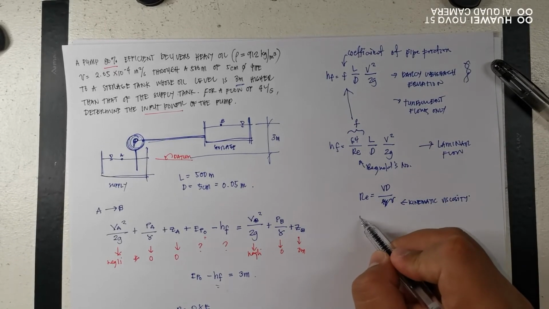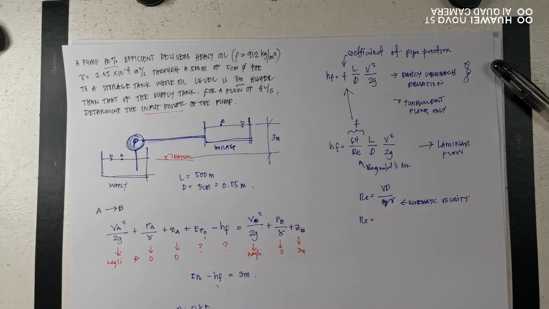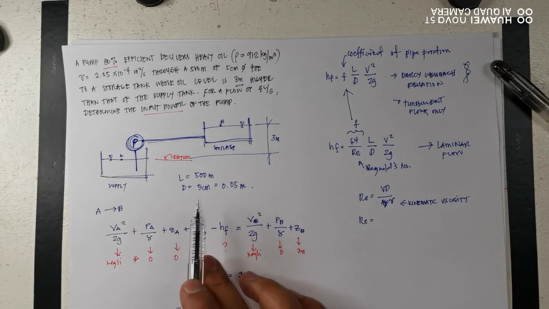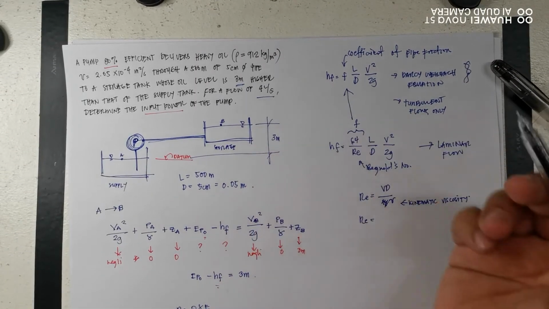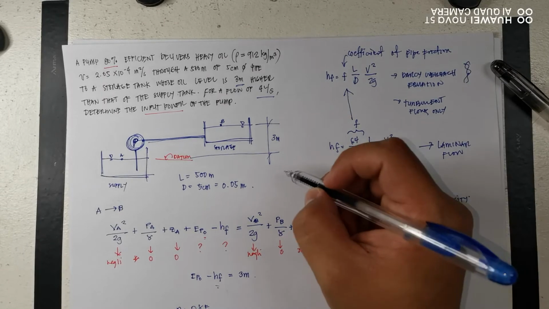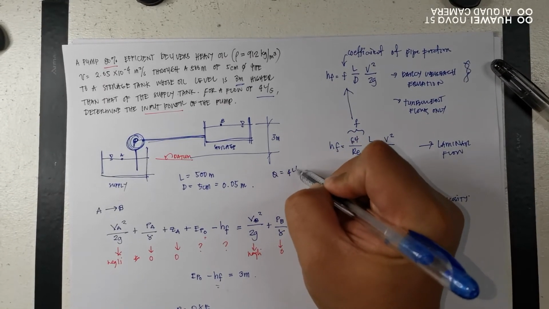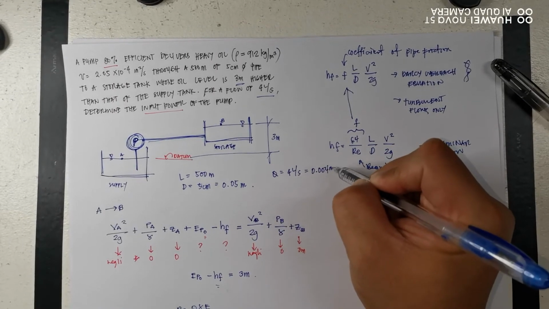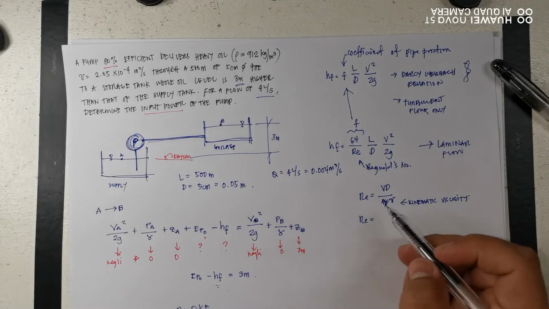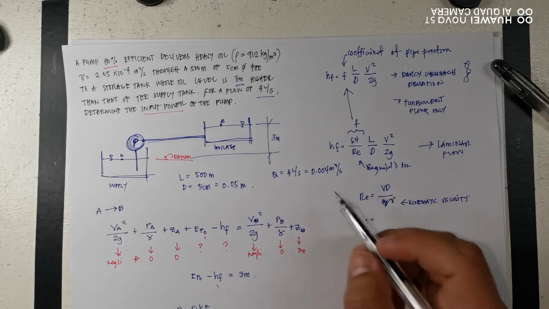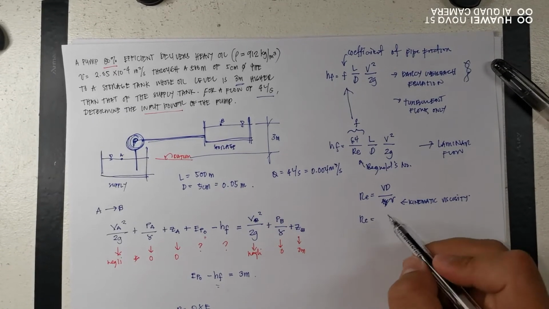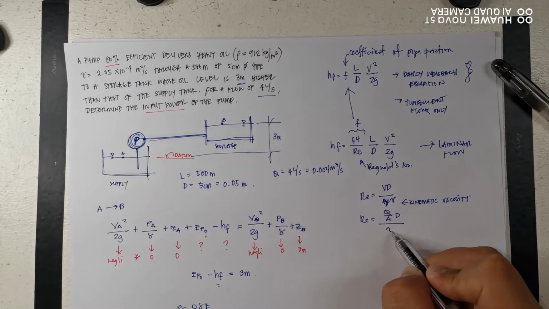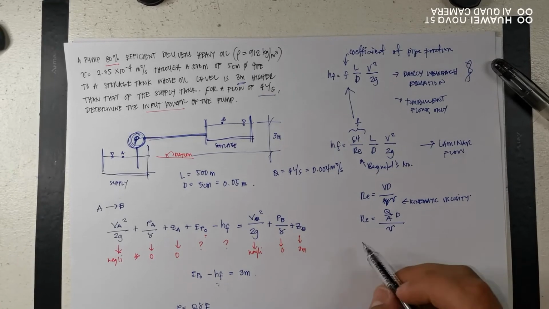So madali na yan. So RE will be equal to V. Alam ba natin yung V? The velocity. Alam lang natin yung flow na Q is equal to 4 liters per second, which is equal to 0.004 cubic meter per second. So alam natin na ang formula for V is equal to Q over A. So pwede natin siyang i-convert, Q over A times D over V, or kinematic viscosity.